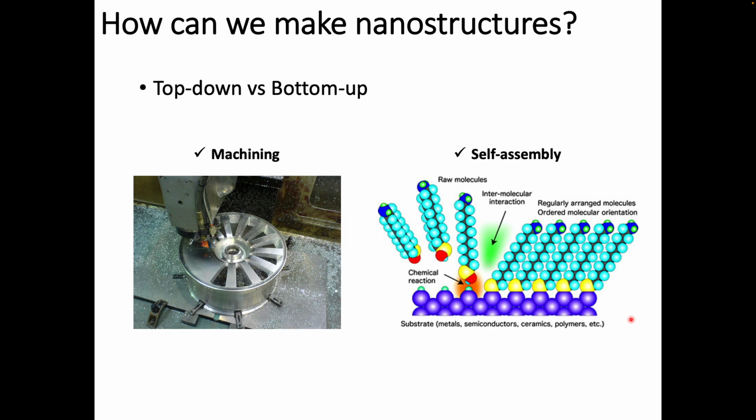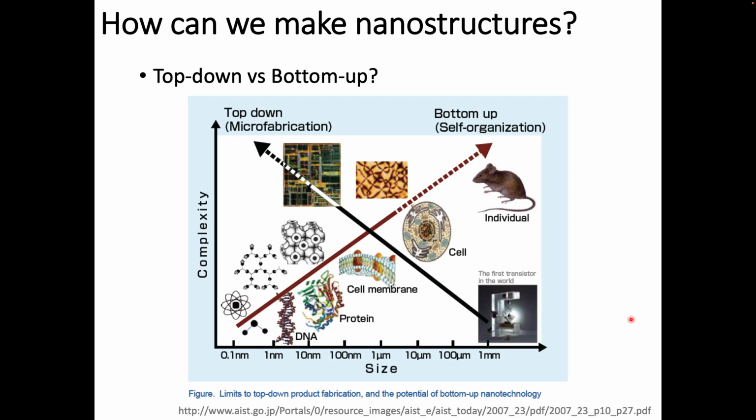Okay, for these two approaches, obviously it really depends on which size of nanostructure you want to make. The top-down approach for nanotechnology is essentially relying on microfabrication processes. This is like a machining process, but it happens on a smaller scale.